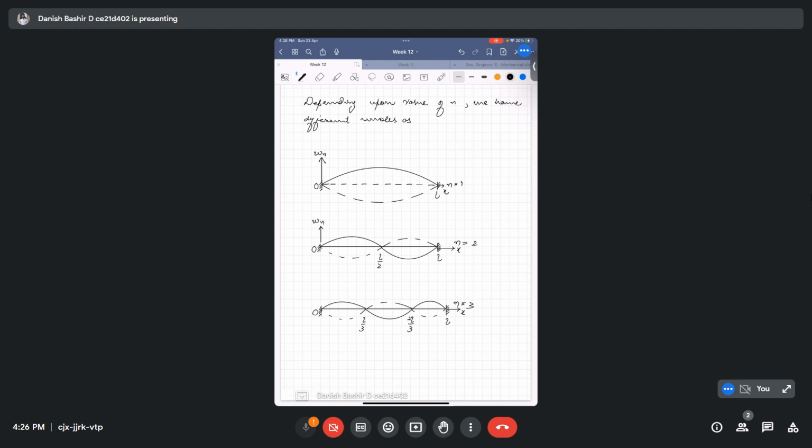These are the things you have to keep in mind. n is equal to 1, n is equal to 2, n is equal to 3. These are the mode shapes of a string.